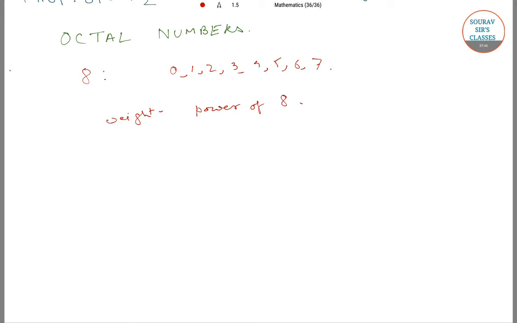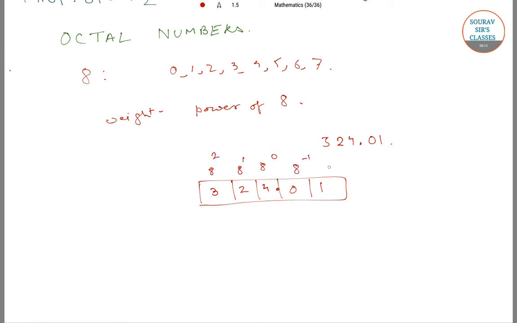So if we have the number 324.01, that will be represented as 32401, and the positional values would be 8 raised to the power 0, 8 raised to the power 1, 8 raised to the power 2, 8 raised to the power minus 1, 8 raised to the power minus 2.